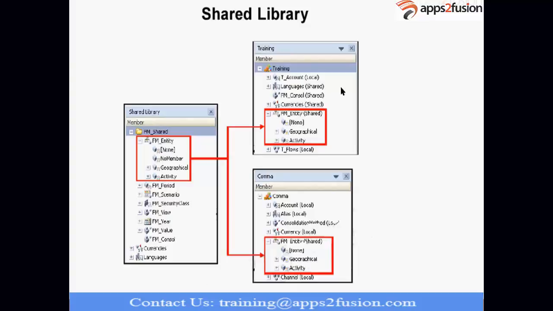In a shared library, you can have the same set of members shared between planning and HFM applications. That is the beauty of having a shared library. This reduces the maintenance, because once you change a dimension member property, the change will automatically reflect in both applications. Suppose you add a member under the FM entity, that will automatically go to both applications.